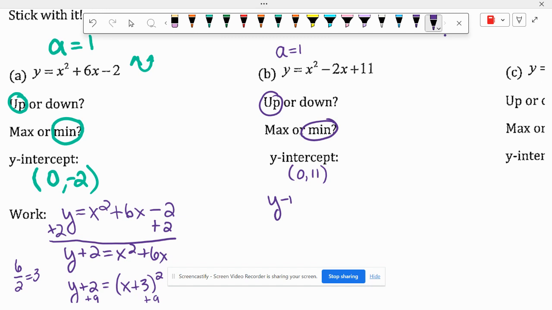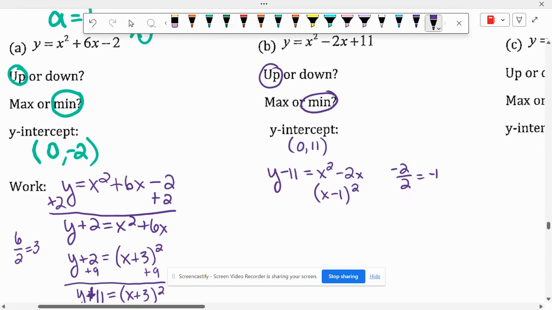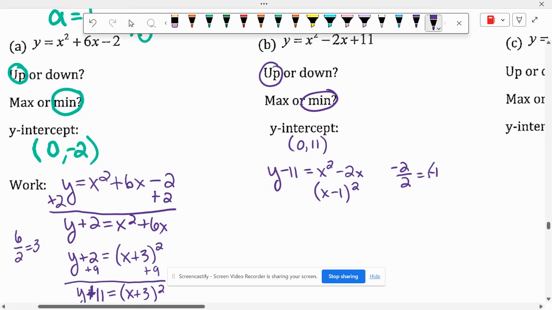So y minus 11 equals x squared minus 2x. What's half of -2? Or b divided by 2 is what? It's -1. So this is really x minus 1, the quantity squared. But when I square that, what is -1 squared? It's 1.